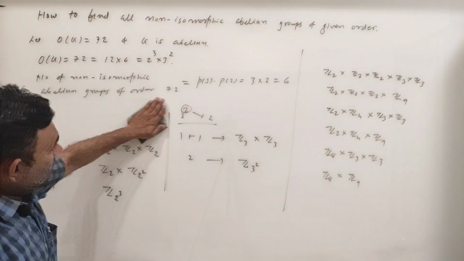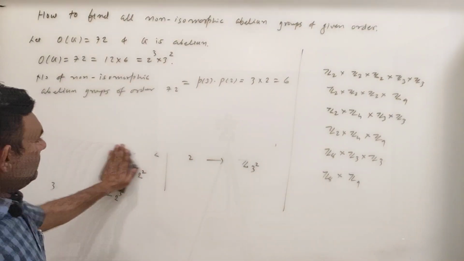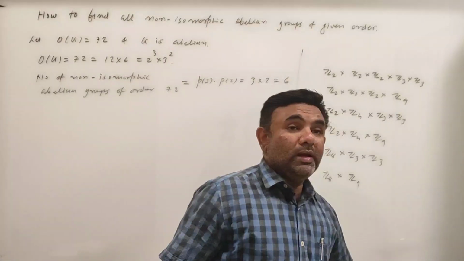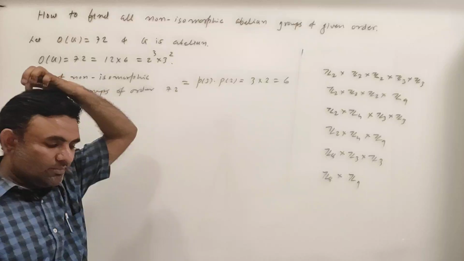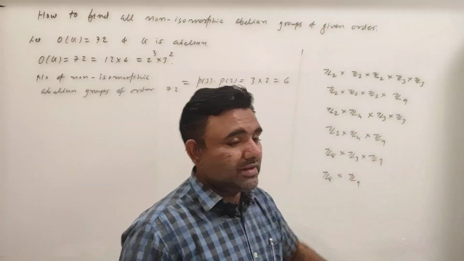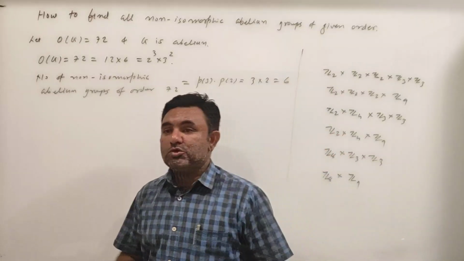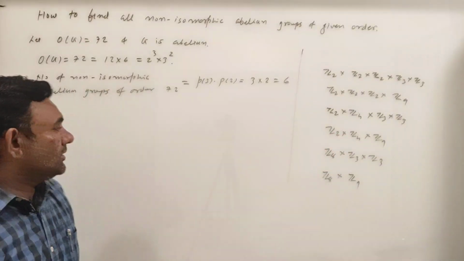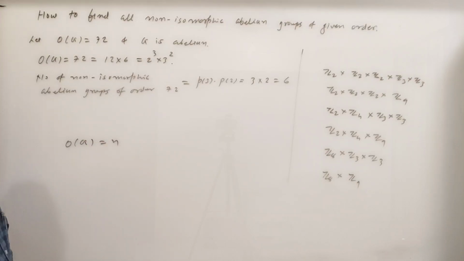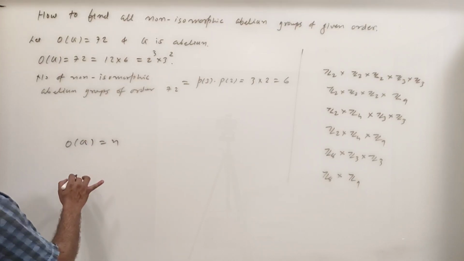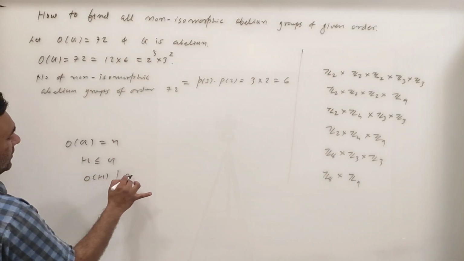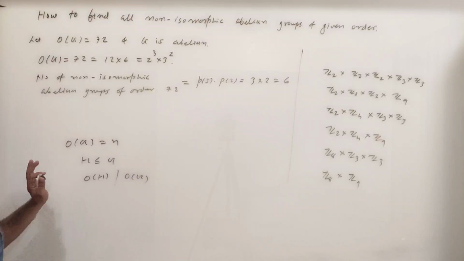Okay, so now I want to discuss one more thing, and that is what वो हमने लाग्रांजिस थियरम जब पढ़ा था तब हमने we had discussed that converse of Lagrange's theorem is not true. What is Lagrange's theorem? If order of G is n, means G is a finite group, and if H is a subgroup of G, then order of H divides order of G. So that is the Lagrange's theorem.